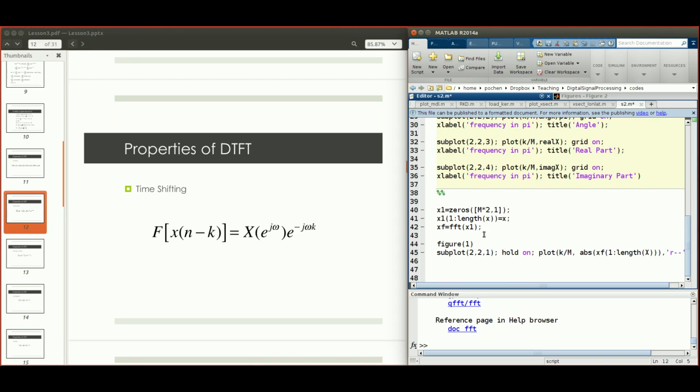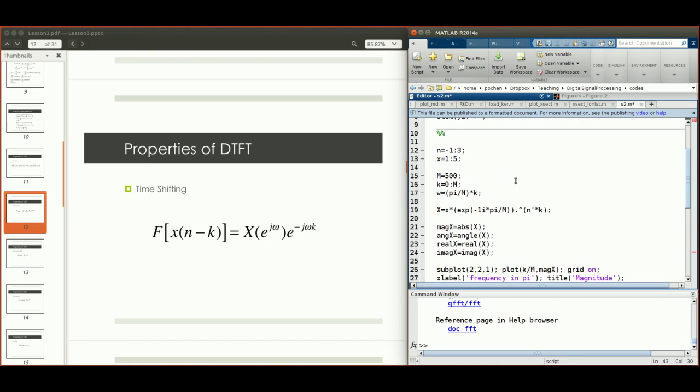So what we have to do is multiply xf. Of course, it has to be a dot multiply. So let's define xf1 equals xf, to the length of big X, dot multiply this complex exponential. So it's -1i, where j is the imaginary unit, 1i, times the frequency, right?